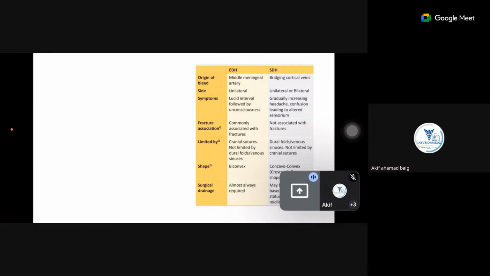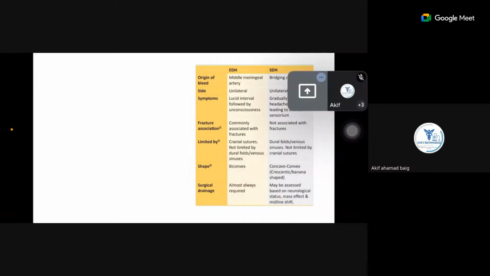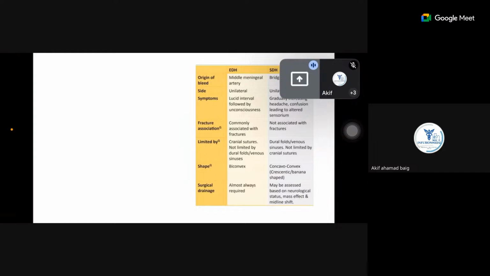In EDH, generally the origin is the MMA, and in SDH it's the bridging cortical veins. Lucid interval is generally present in EDH. The catching point here is the shape: biconvex in EDH, and concavo-convex, crescent or banana shaped, in SDH.